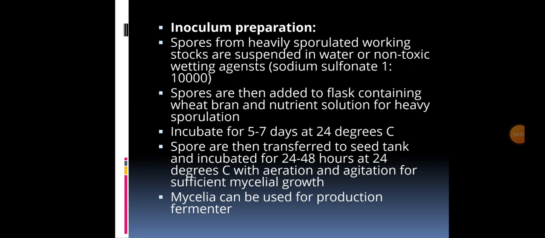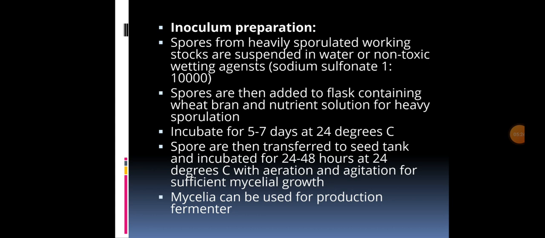For inoculum preparation, the spores of Penicillium from heavily sporulated working stocks are suspended in water or non-toxic wetting agents such as sodium sulfonate in 1 is to 10,000 ratio. The spores are then added to flasks containing wheat bran and nutrient solutions for heavy sporulation and incubated for 5 to 7 days at 24 degrees centigrade.